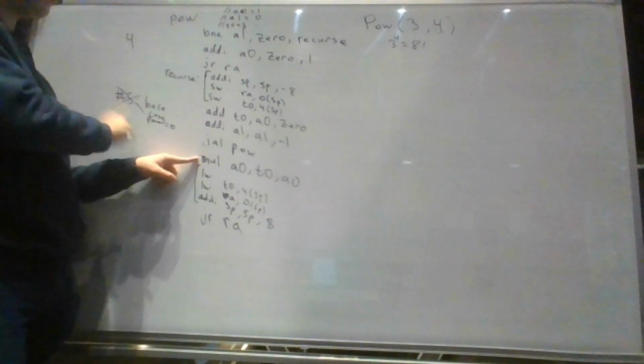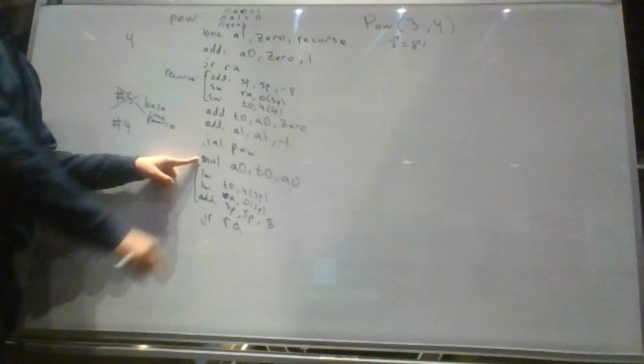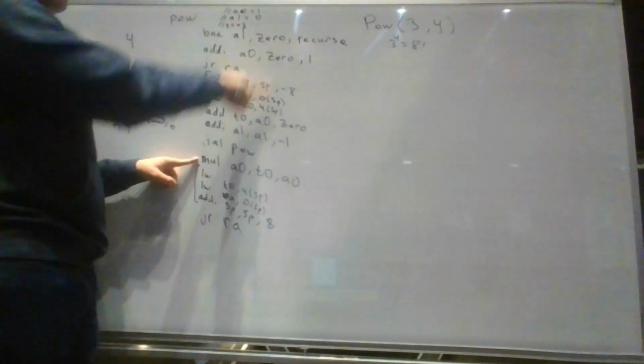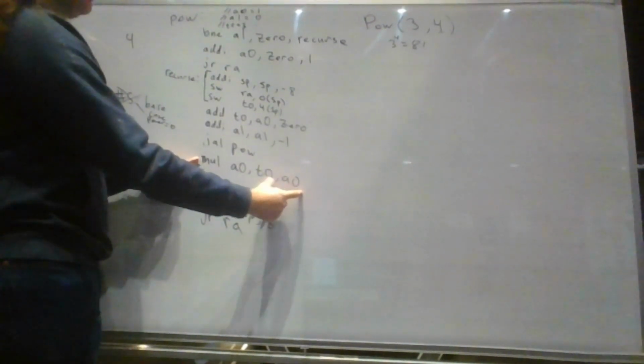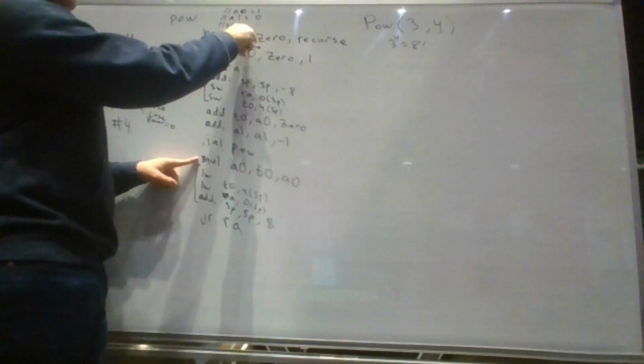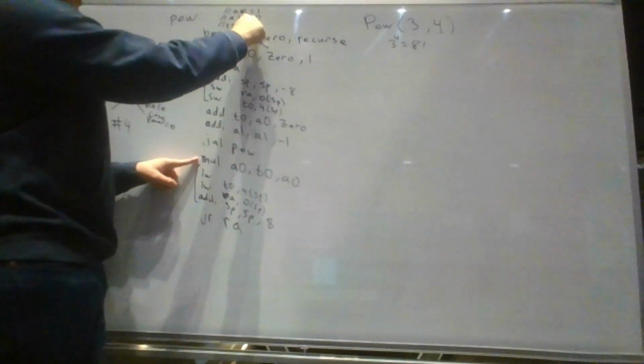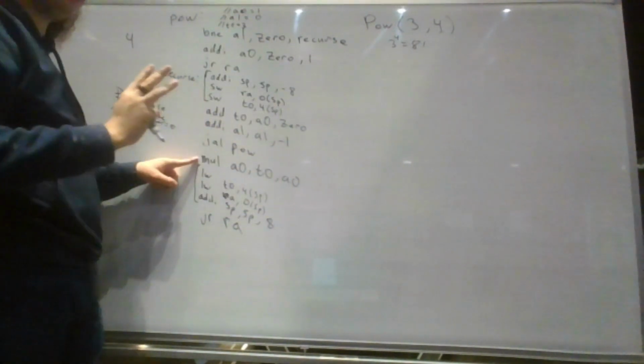Now here, in this case, the power was equal to 1. And so we get, okay, we're going to take our return value, which is 1, multiply it by t0, or sorry, we're going to take t0, multiply it by our return value. T0 holds 3, times that by 1, and you get an output of 3. So A0 is going to be 3 after this.